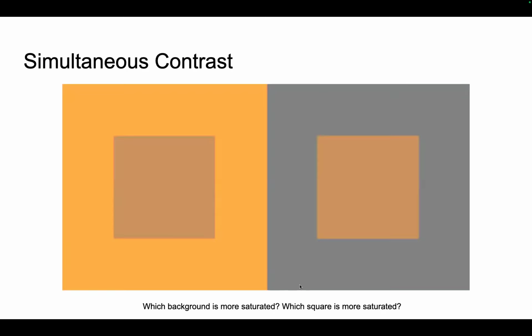We talked about value, we talked about temperature. What about saturation? Which one of these squares looks more saturated, left or right? So the left background looks more saturated, and the right little square looks more saturated, right?